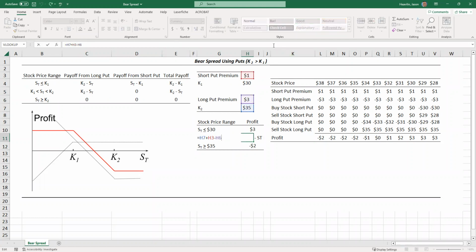But remember, we have to include the premiums. So we're going to start with K2, which is the $35, plus the $1 that came in from selling the put, minus the $3 for buying the put. So that first piece is still K2 adjusted with the premiums. But then the stock price may vary because you're in a range here. So it'll be $33 minus the stock price.